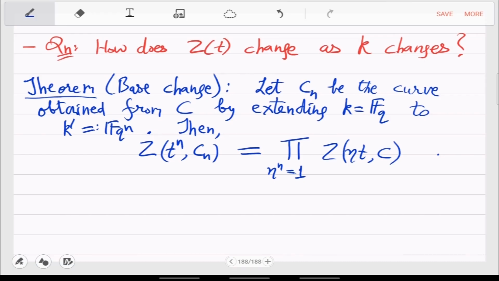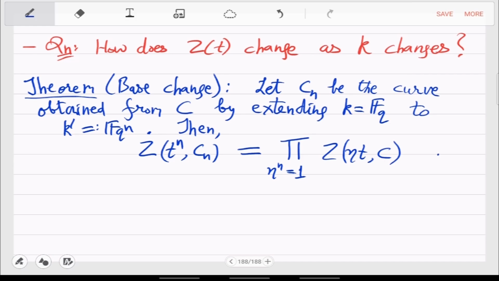Okay, so once this is written down, you can see that it's quite a natural expression. So you have the zeta function for Cn with t, and you have the zeta function for C with t, and the relationship is that in the bigger one, if you substitute t raised to n, then it factorizes into the smaller ones, where you are scaling up t by an nth root of unity.